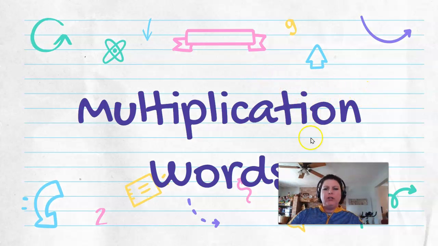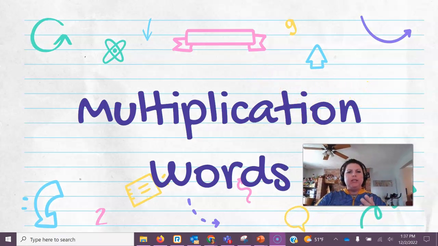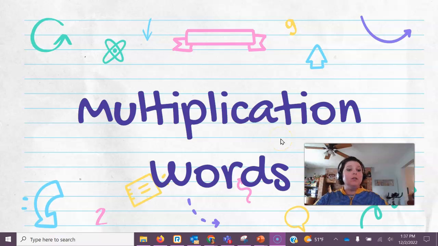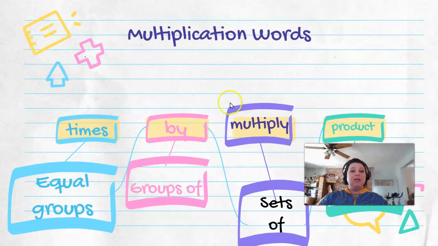Let's get started with what are some multiplication words that you already know? Think about that for just a second. When multiplying, a lot of times you hear the word or words times.